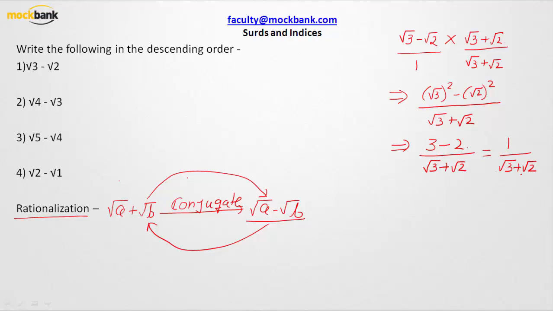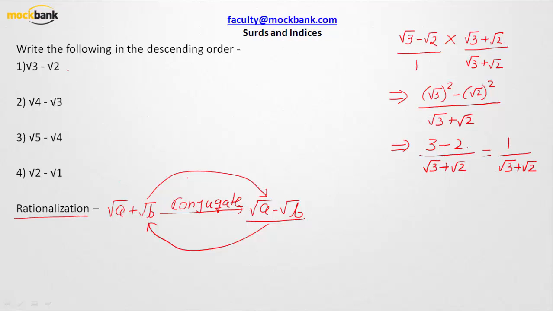So the purpose of the rationalization process is, whenever we are given something in this form, square root of a plus minus square root of b, and we want to make either our numerator or denominator a natural number, we just multiply it by its conjugate.